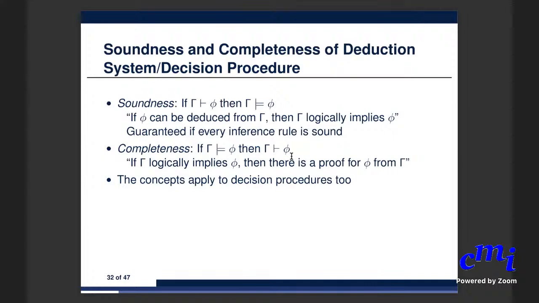Or you should be able to start with phi and derive true, if true is a constant. Similarly, unsat can be expressed as deriving false using your proof. So if you can derive false, that means it is unsat. And that's how you do it using a deduction system.